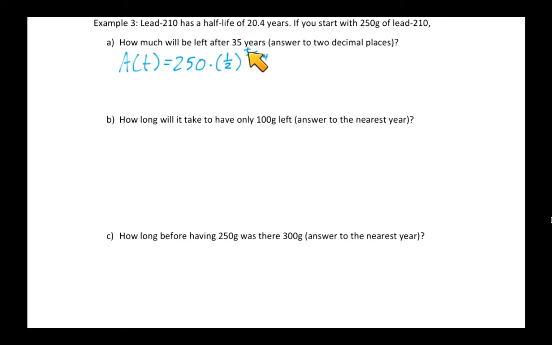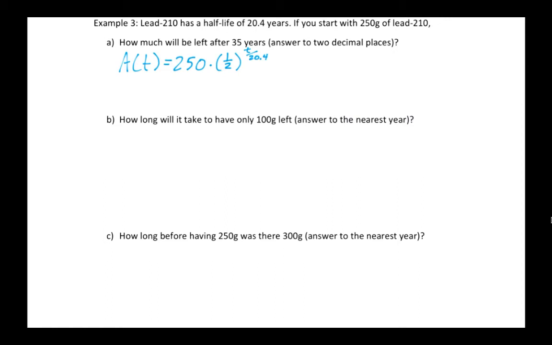So you can imagine when T is equal to 20.4, 20.4 divided by 20.4 equals 1. So we'll be multiplying by 1/2 once. And when T gets to 40.8, 40.8 divided by 20.4 is 2. We will be halving it twice. So times a half and times a half again. So this is how the radioactive decay will play out based on this mathematical model.